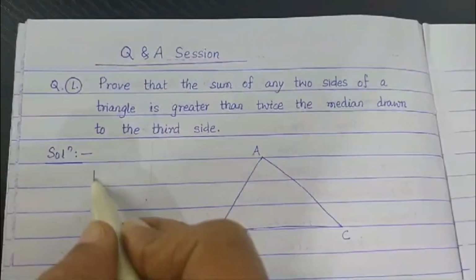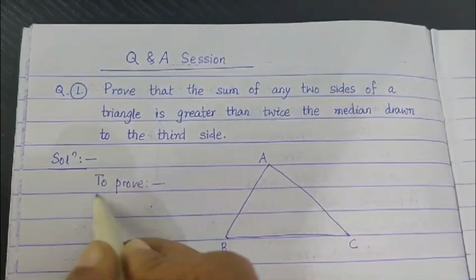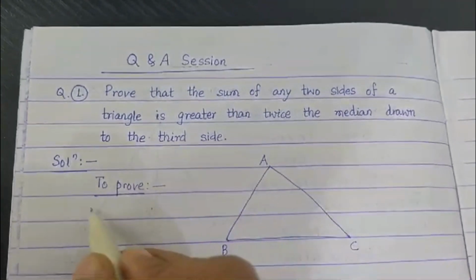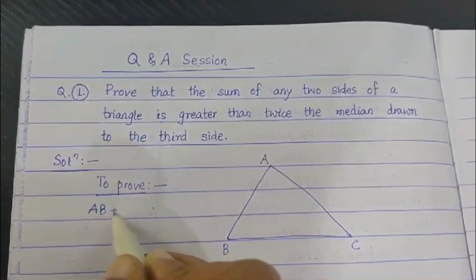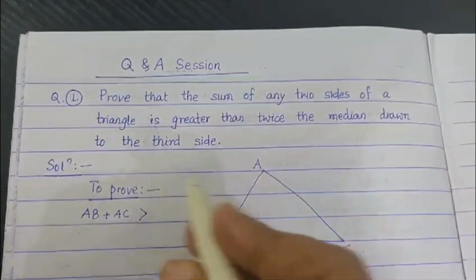Let us write what we need to prove: to prove, sum of any two sides, let us say AB plus AC is greater than twice the median drawn to the third side.